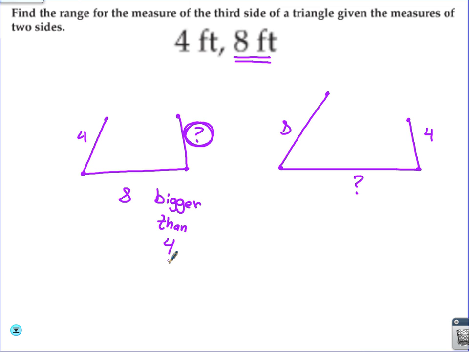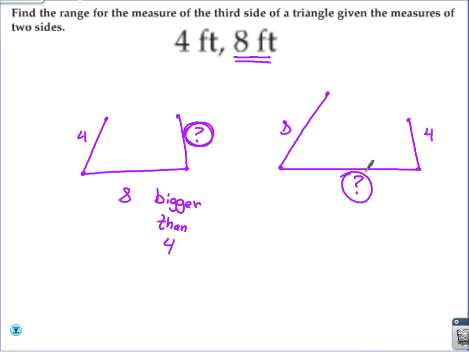Rachel, we have side lengths of 8 and 4 now. Could this bottom side be, I don't know, 13? If this were 13 and you started closing these, are they going to form a triangle before they close? No. What if it was 12?